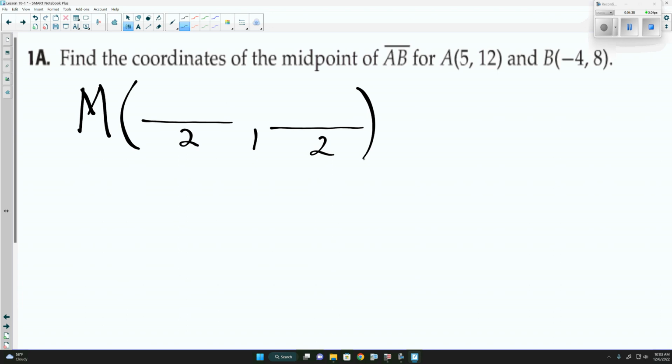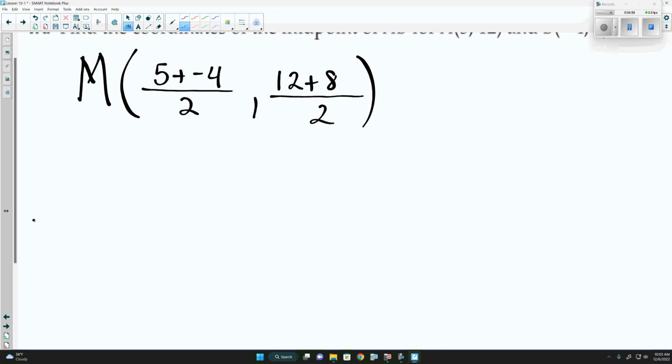So let's look at this next one here. Find the coordinates of the midpoint of AB. A is 5, 12, B is negative 4, 8. Well, we're going to say 5 plus negative 4. We put the x values first, then we put the y values second. And now we need to simplify. At this point, we could just plug it into a calculator.